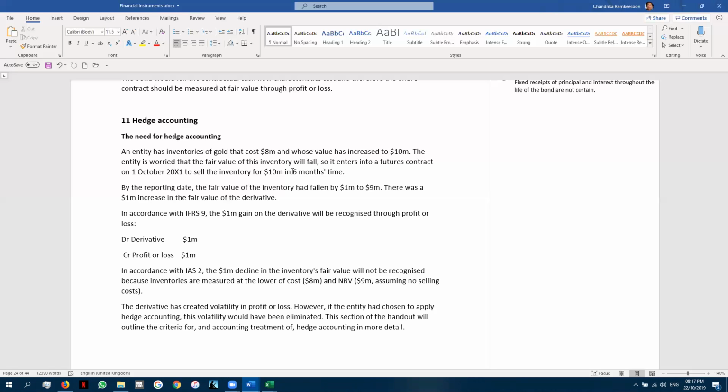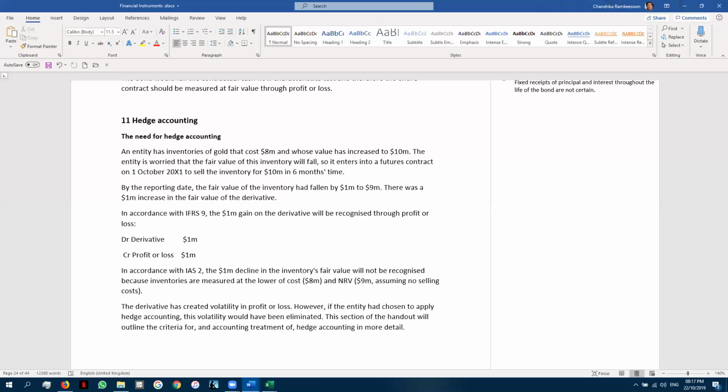And this is one reason why I mentioned a few minutes ago that hedge accounting is not mandatory, because often it would create a transaction which is not in accordance with that of another standard, in this case IAS 2. But let's read on and you'll see.